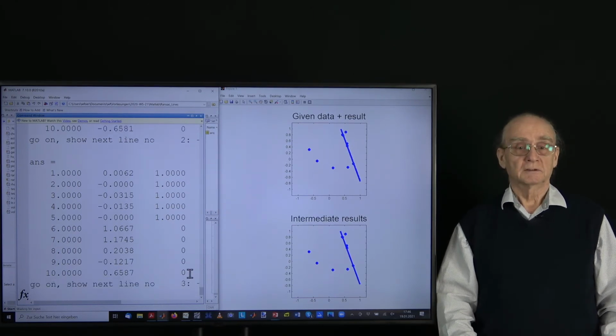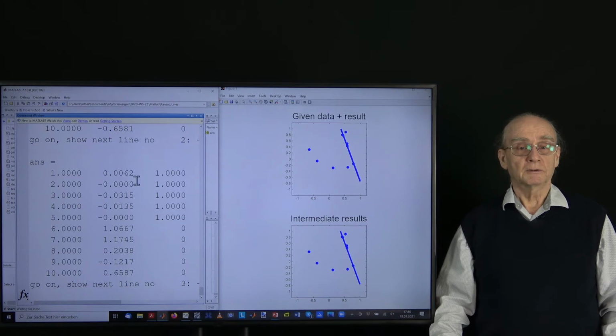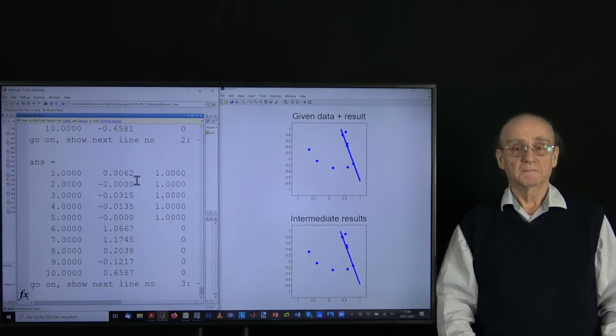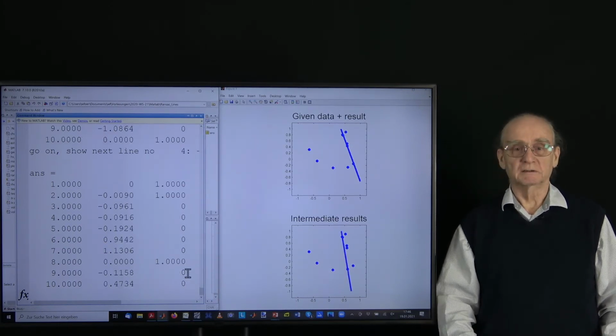So the second alternative is the fifth point and the second point. Makes no difference. Now we have this good point and this bad point, and obviously there is no consensus at all to the other points, which is to be expected.